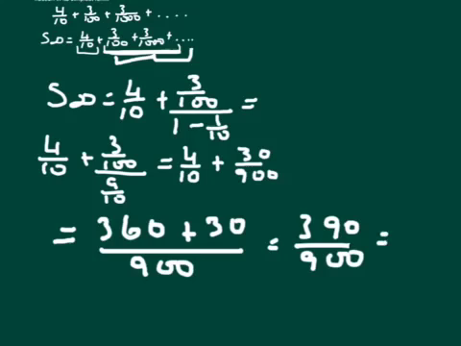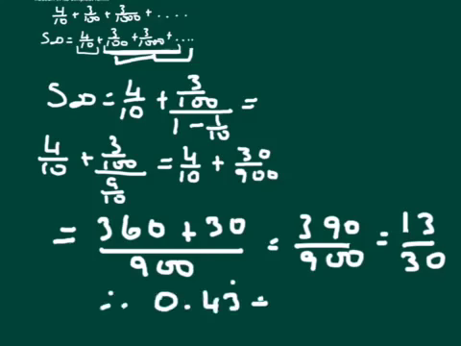Certainly that can be simplified, which was what the question was asking us to do. From my calculator, I am seeing that what I've got is 13 over 30. So 0.43 recurring is equal to 13 over 30. And that's the end of that example.